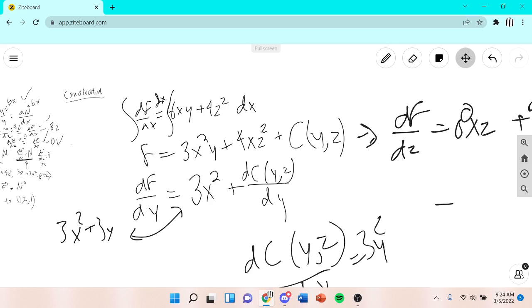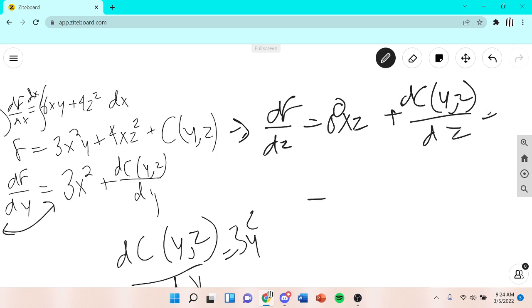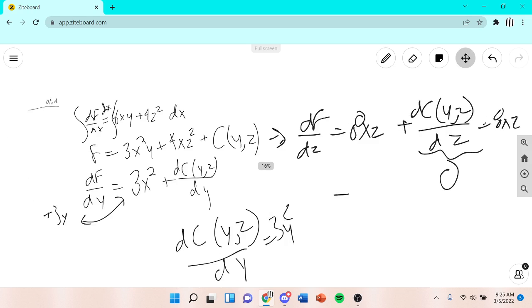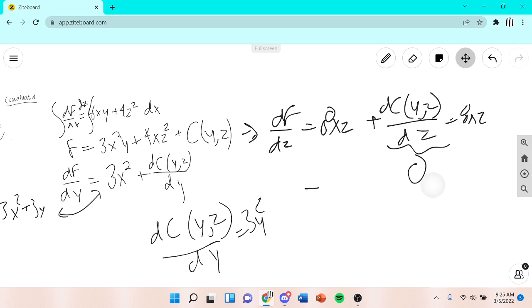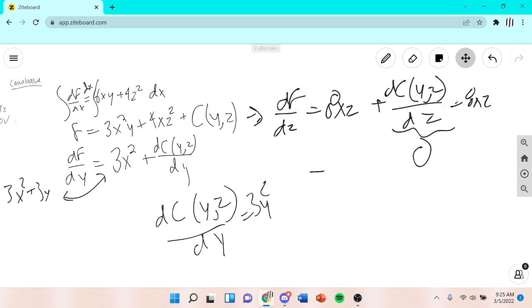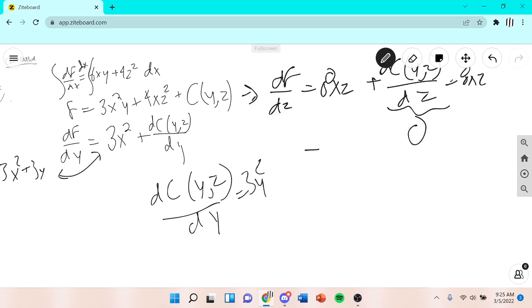So if we set this equal to 8xz, that means that the extra term is just equal to 0. Because the partial derivative of that in terms of z is 0, that means that there is no z term in our function c of y, z. So it just becomes c of y.